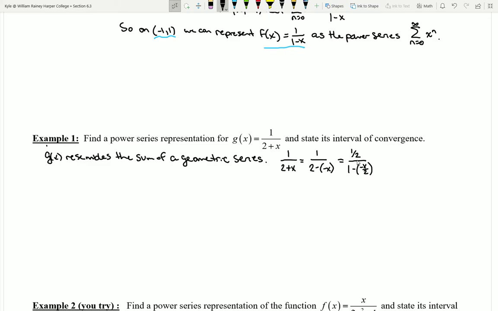And with this, I might then be able to fully see why I might call this the sum of a geometric series. Okay? So I'll write over here that we see that g of x is equivalent to, again, a half over 1 minus the quantity negative x over 2.